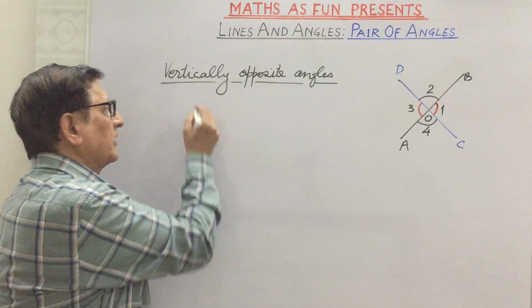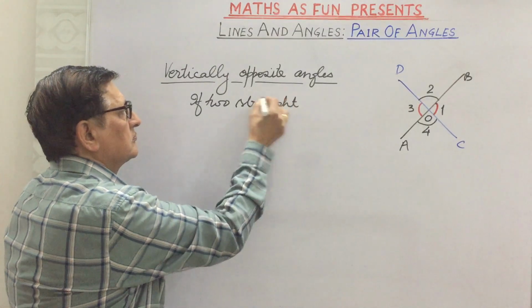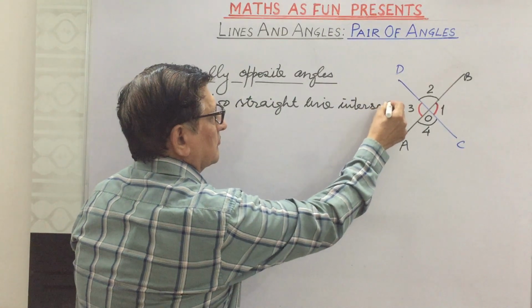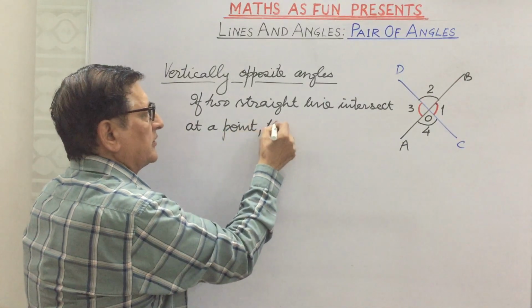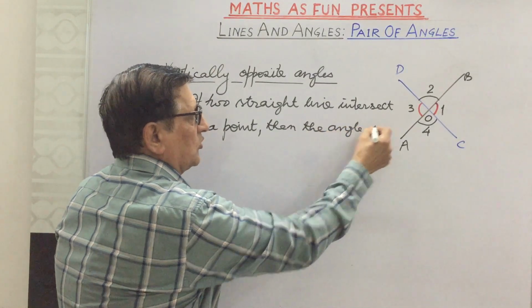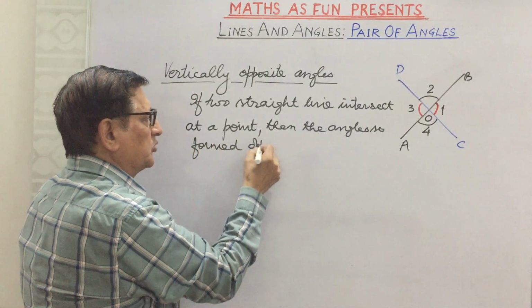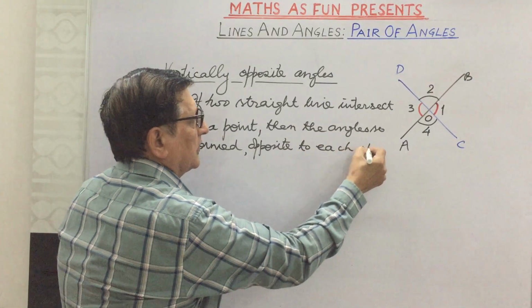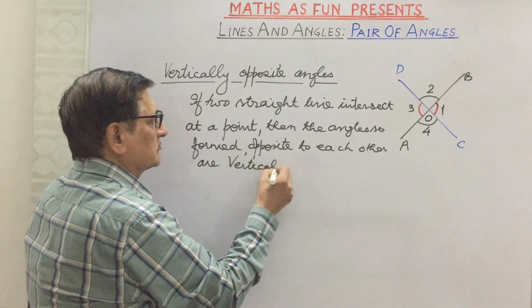So we say, if two straight lines intersect at a point, then the angles so formed opposite to each other are vertically opposite angles.